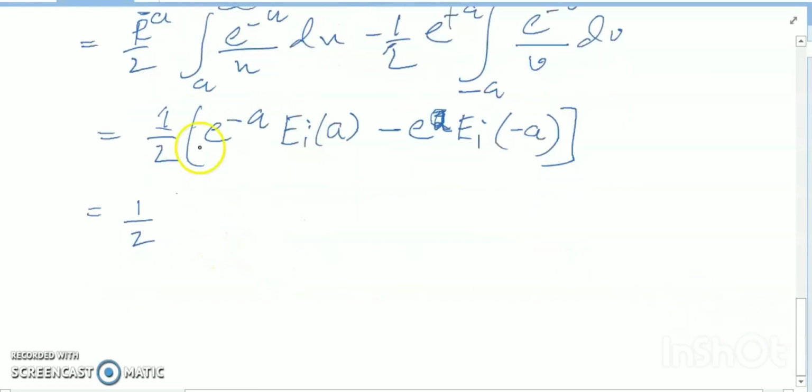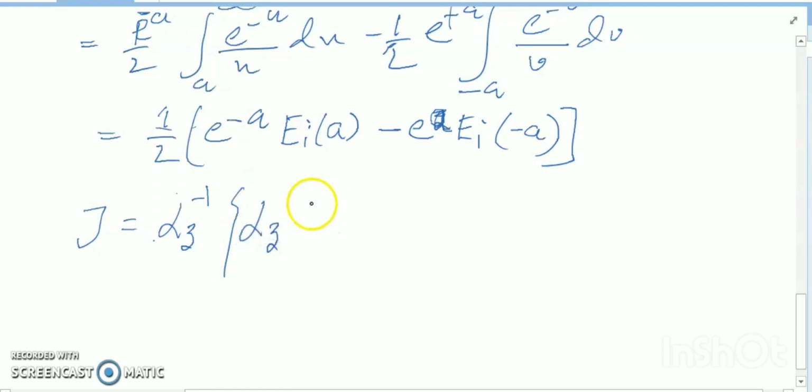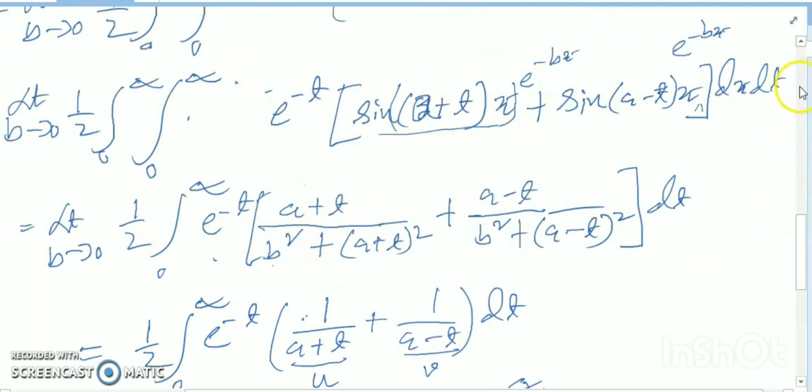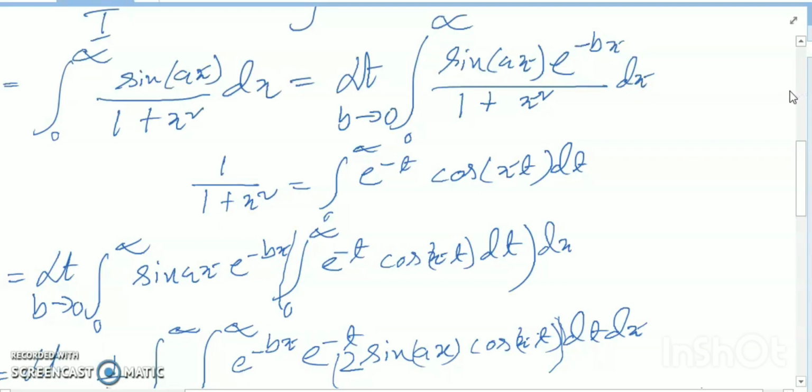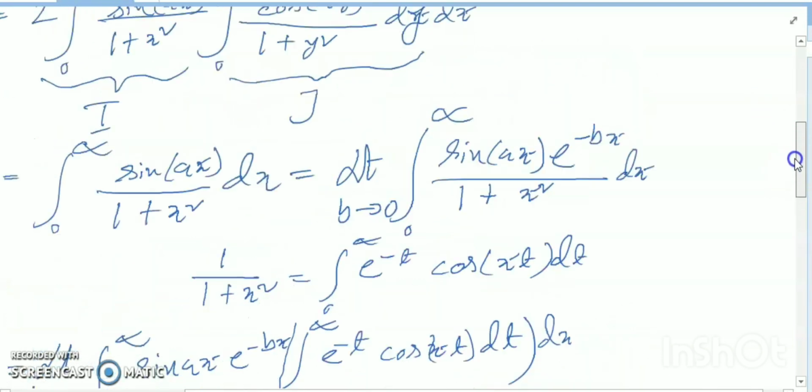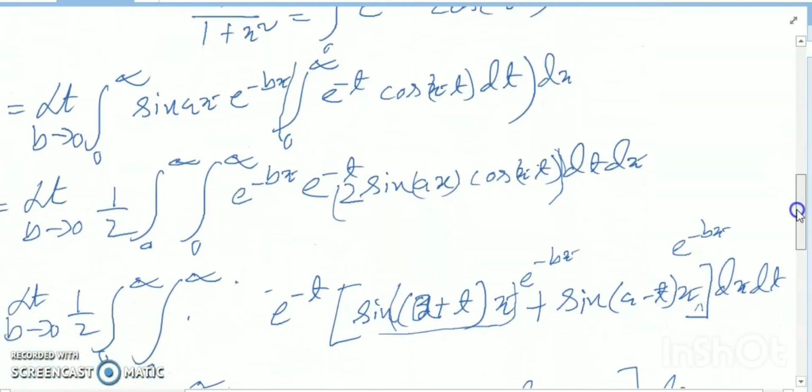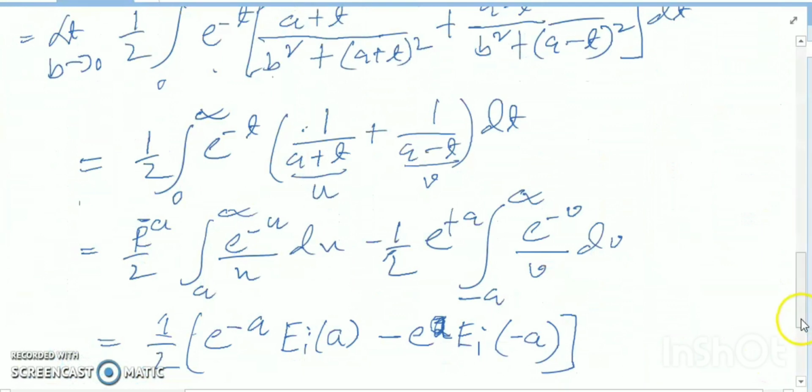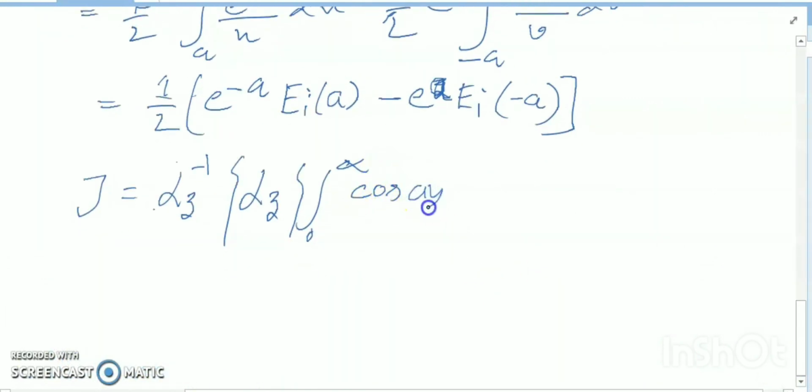So next is J. How can I find J? J equals L inverse of the integral of cos(ay) divided by 1 plus y square dy.